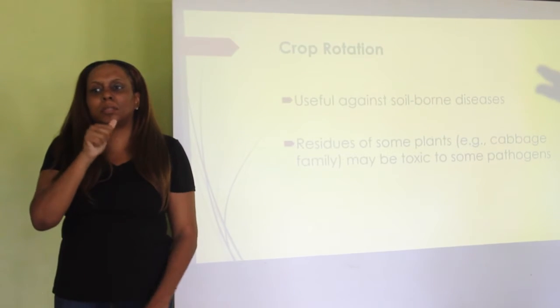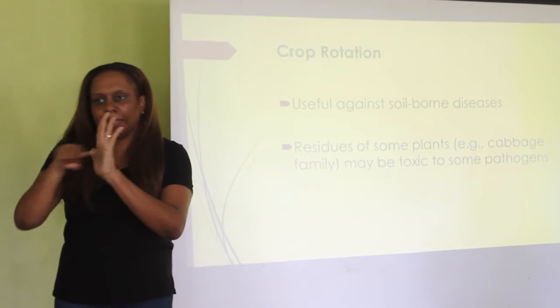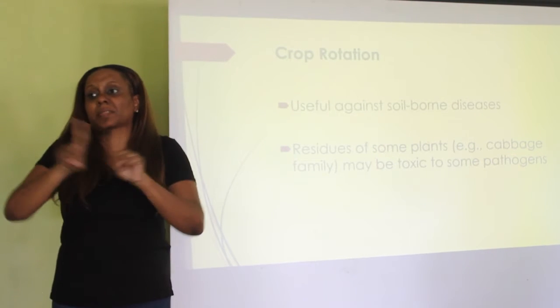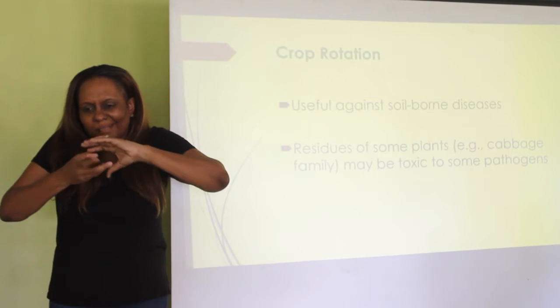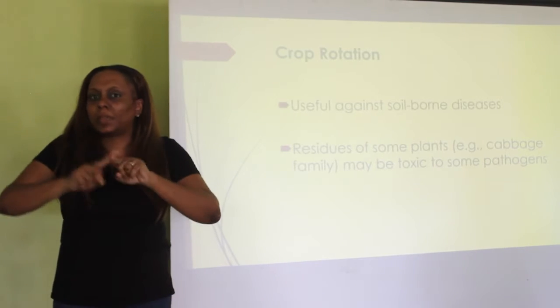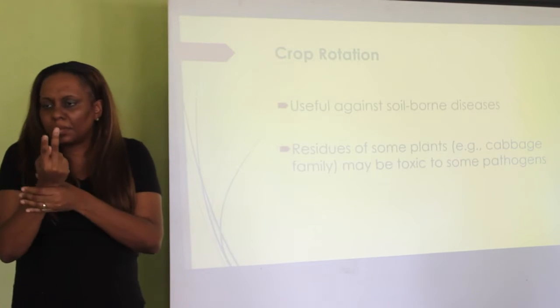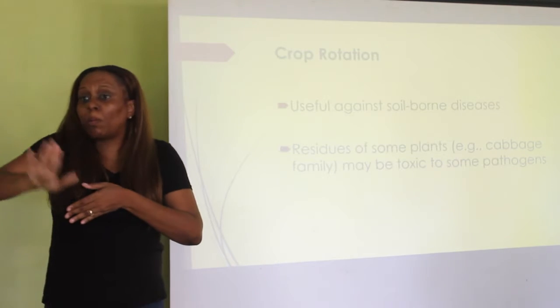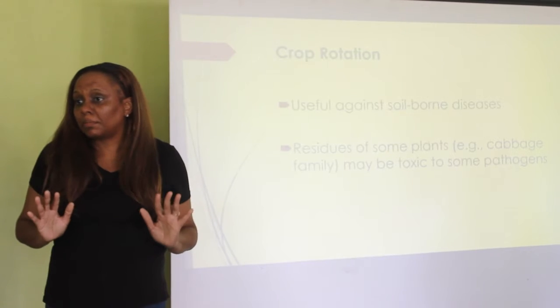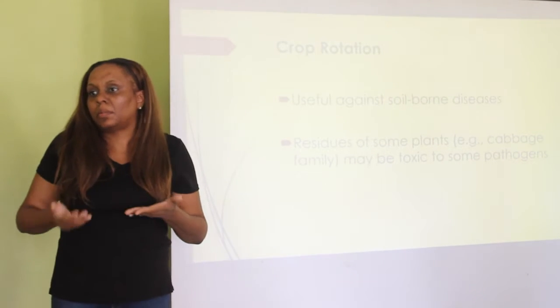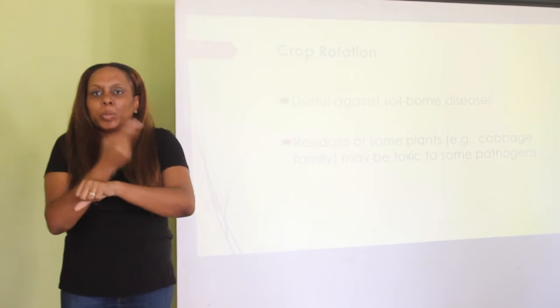It will not affect the cabbage. They all have different pathogens, different insects, different fungus, different viruses that affect them. As you study, you will realize that. And you can always check with your agricultural shops to see which fungicide, which nematicide, which insecticide you can use for the very different crops.